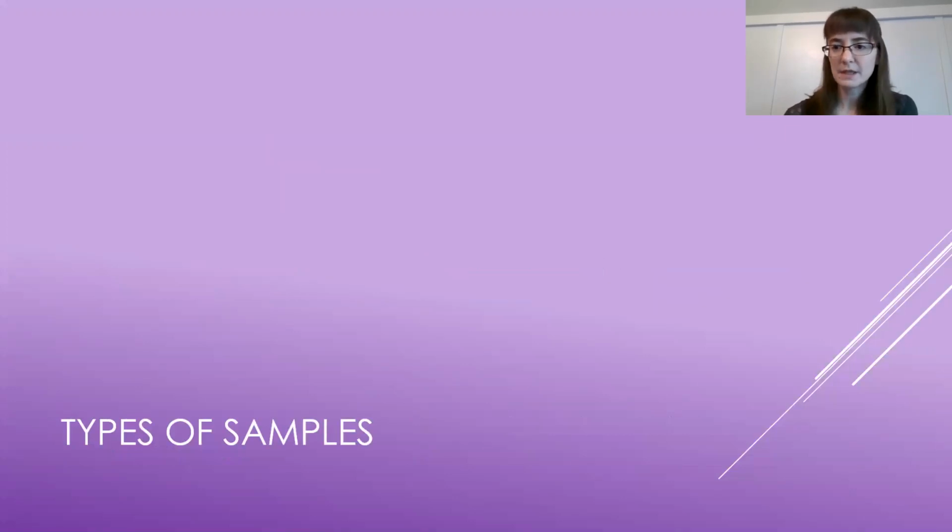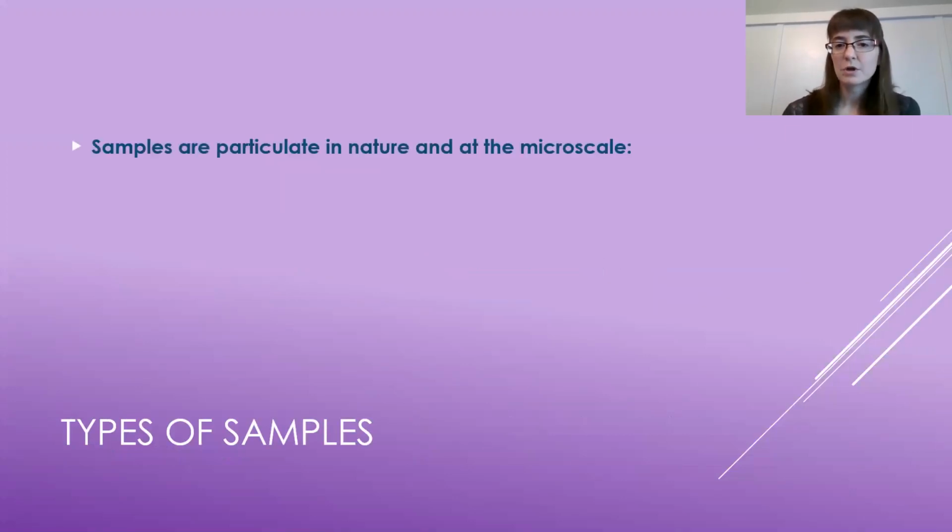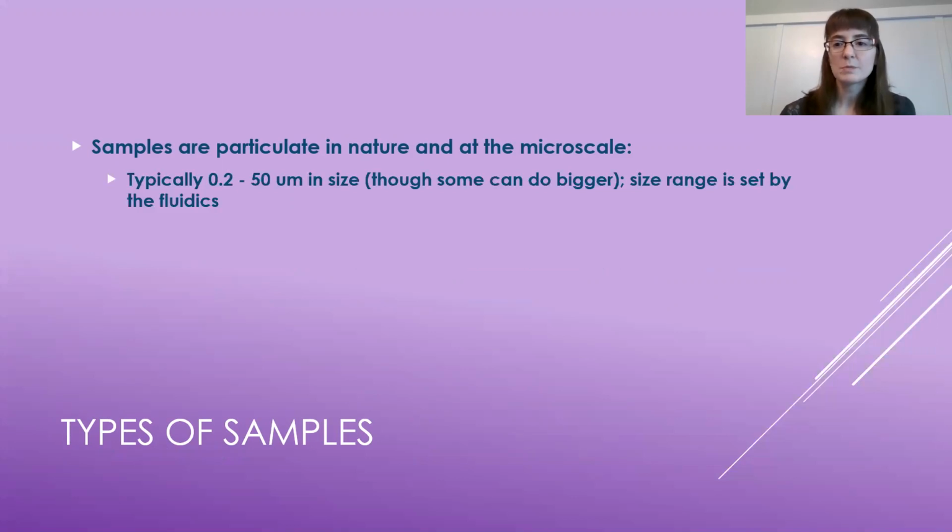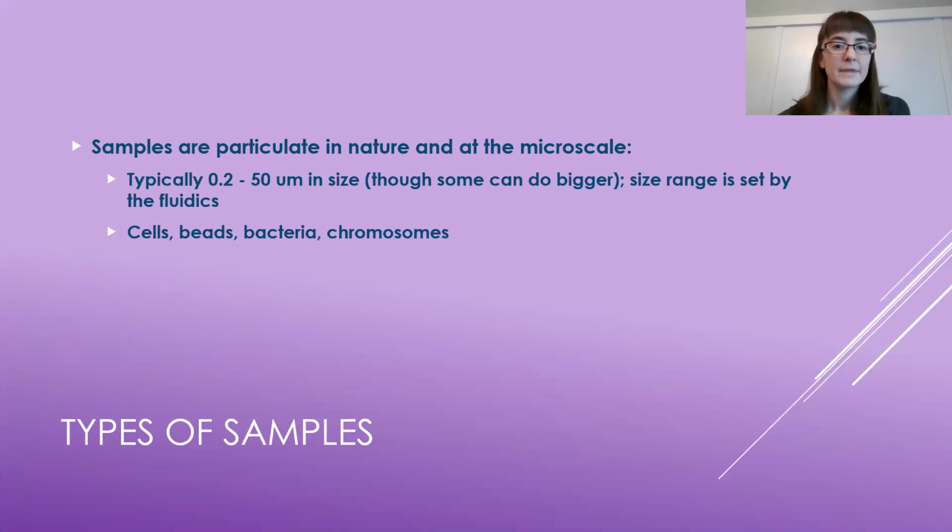All right, so what types of samples can we analyze? As I said, we're often looking at cells, and that's because what the instruments are built for is to analyze microscale objects, usually no smaller than a micron, although some can be designed to go down to 0.1 or 0.2 microns, and usually not much larger than 20 microns, although again, some instruments can go larger than that as long as the fluidics are designed to accommodate.